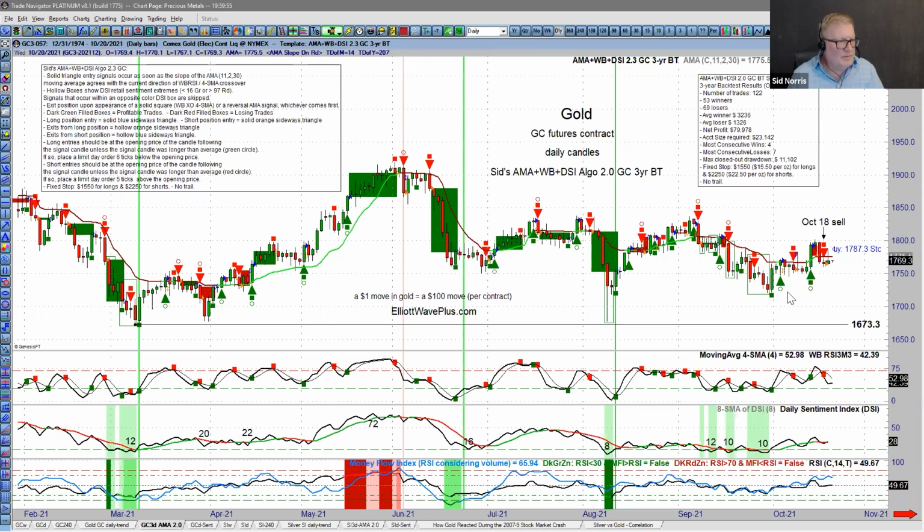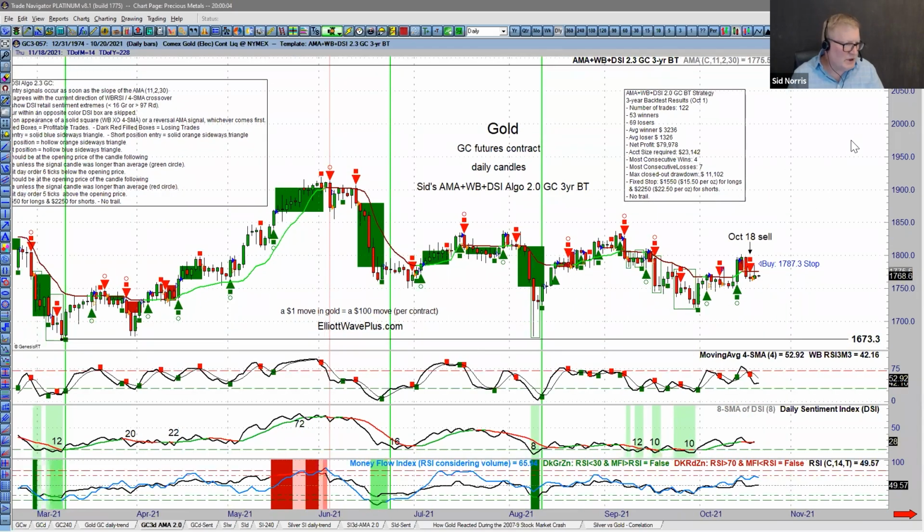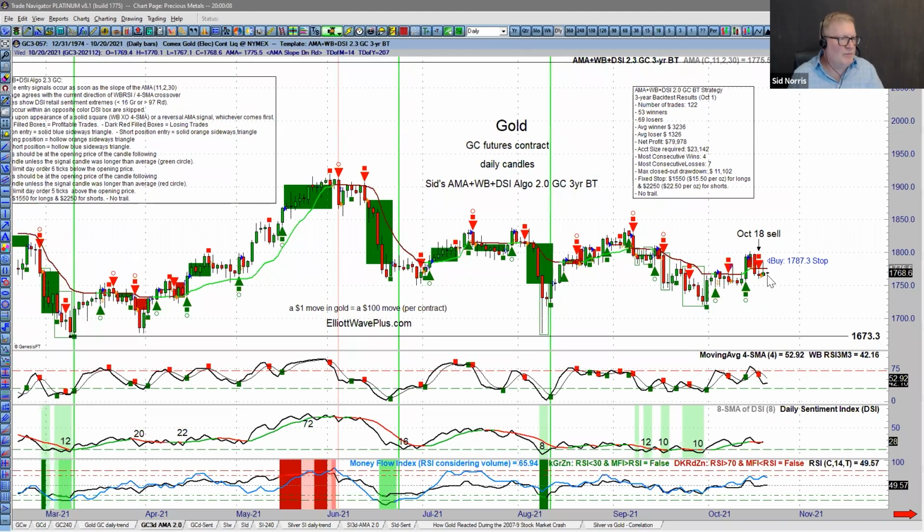And now you can see the adaptive moving average, it's been changing colors. And I think there's a decent chance we get a nice rally in gold pretty soon. But I think we'll get a little bit more of a pullback based on my Elliott wave count. But pretty soon this is going to turn green and start trending up.